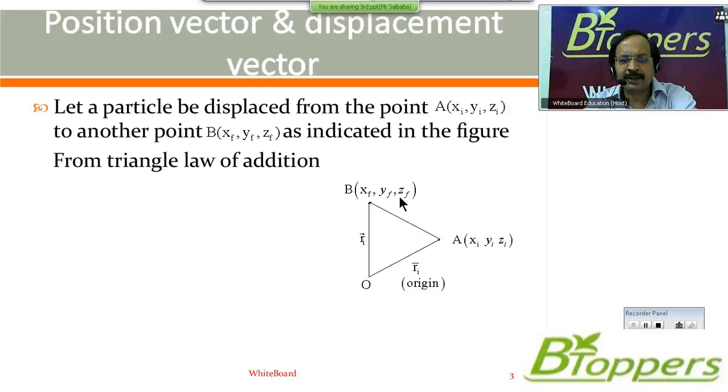This is the initial position of the particle. This is the final position of the particle. This OA bar represents the position vector of the initial position of the particle, denoted by Ri bar. The direct line segment OB bar is the position vector of the particle in the final position, which is denoted by Rf bar.